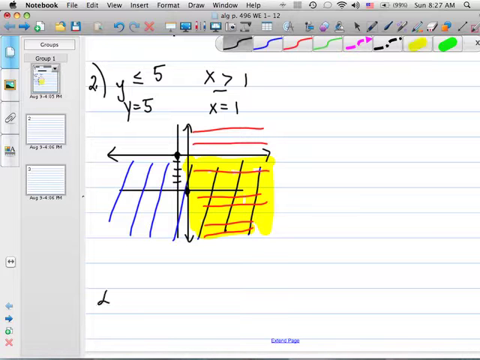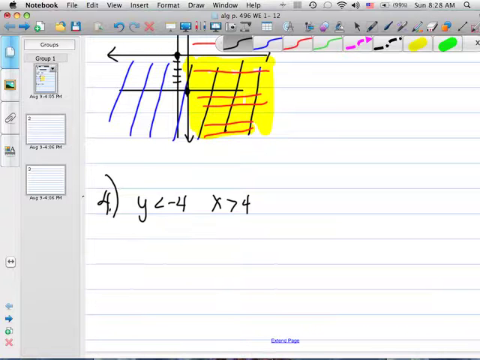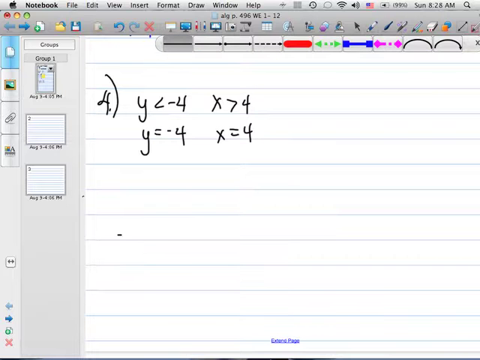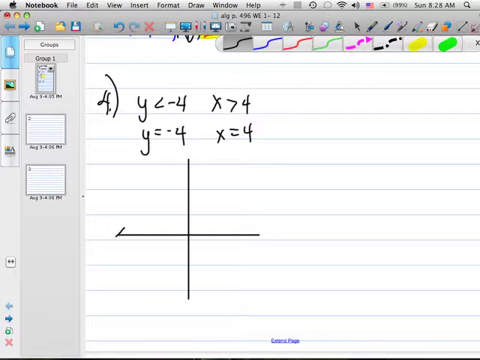Problem number 4, we have y is less than -4 and x is greater than 4. So our boundary equations would be y equals -4 and x equals 4. Graphing. Y equals -4 is a horizontal line going through 0, -4.